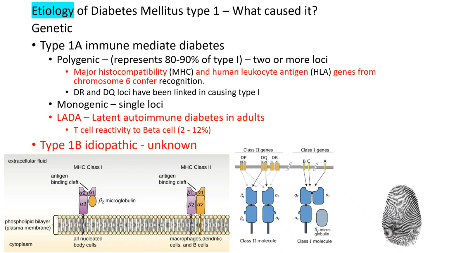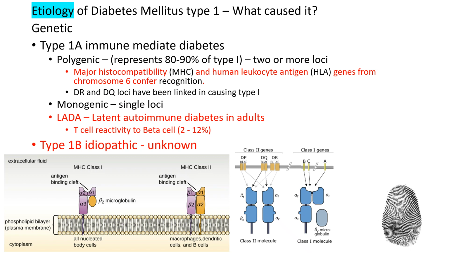So this is what I mentioned before, where diabetes type 1 has a genetic component. So etiology is what actually causes this immune response to destroy those beta cells. So type 1 can be further separated into type 1A and type 1B.